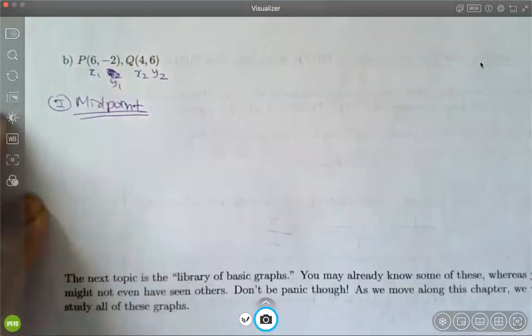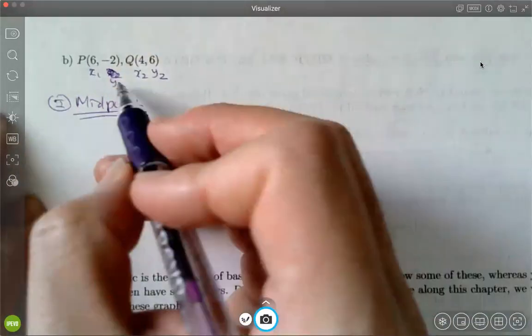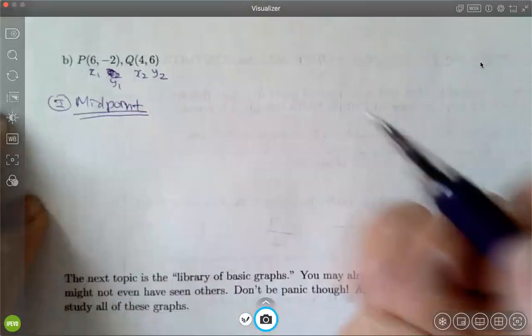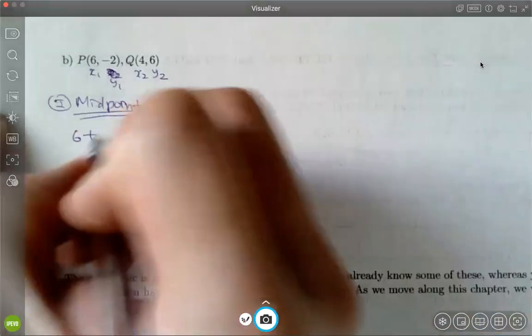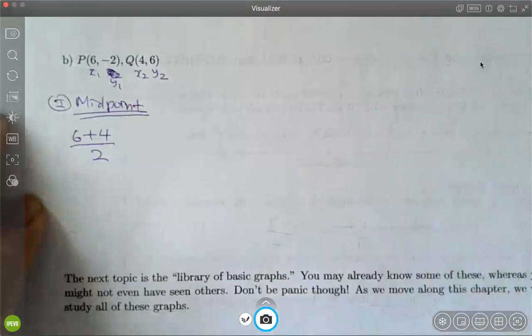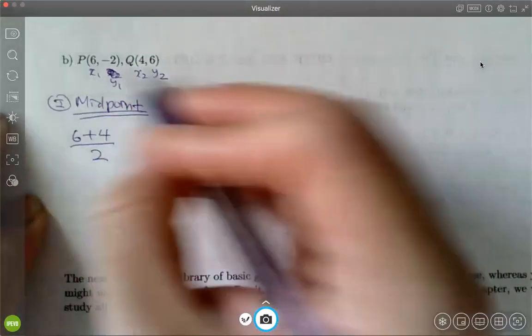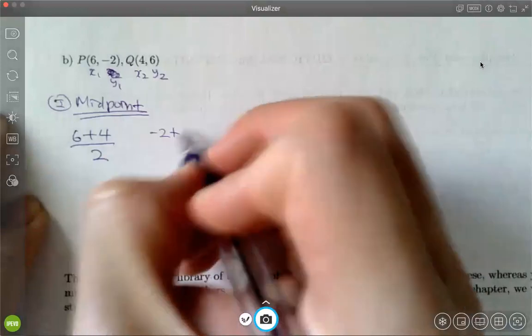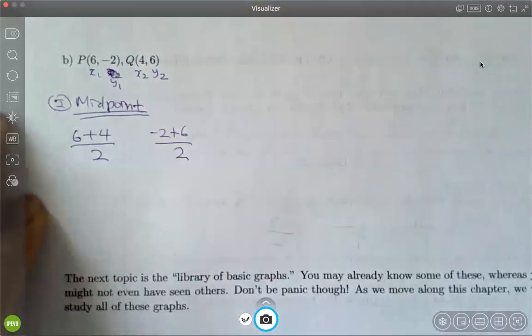Okay, so the midpoint, remember, what do we do? Add x coordinates and you divide it by 2, right? Okay, and then add y coordinates and then you divide it by 2 and put them inside an ordered pair, right?